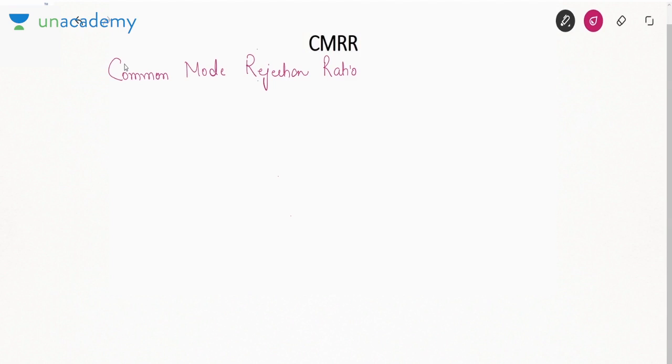Now how does the same signal appear at both the inputs? Most of the times this common mode signal is nothing but the noise, because when noise is arriving in the system, it won't check which input terminal you are talking about. It will always be common to both the input terminals. So what is desirable is that SNR should be high. What is this SNR?